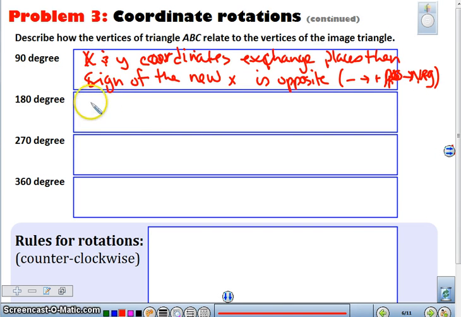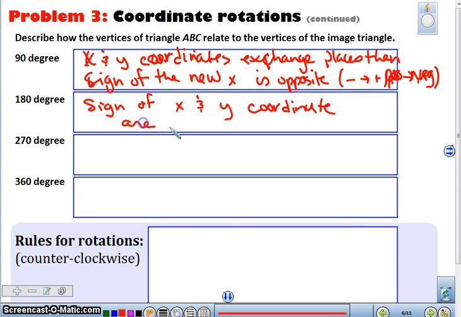For 180, the sign of the x and y coordinate are opposites. We're going to write this down below, but this is kind of where we saw the xy change to negative x, negative y.